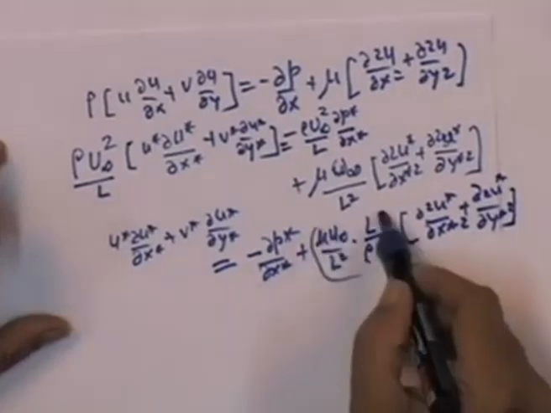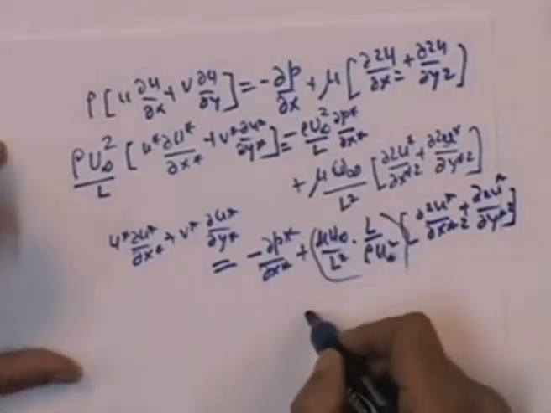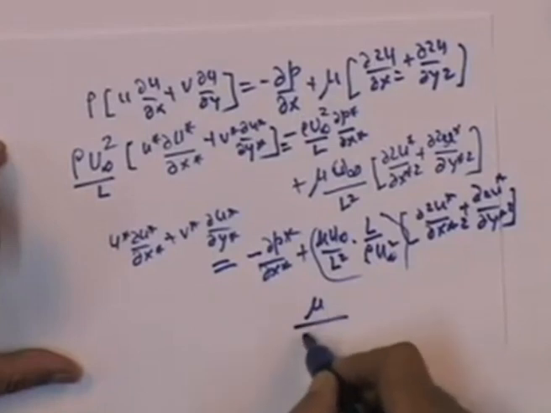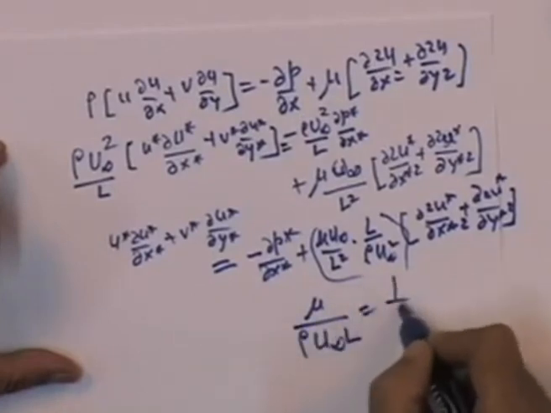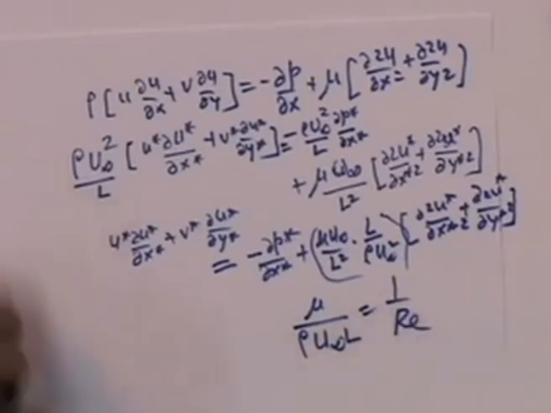So, what is this group? This is simply mu divided by rho u infinity L, and that is nothing but 1 over Reynolds number.